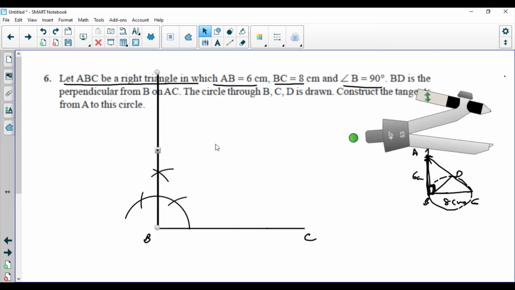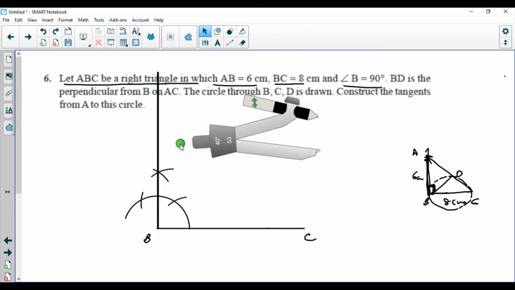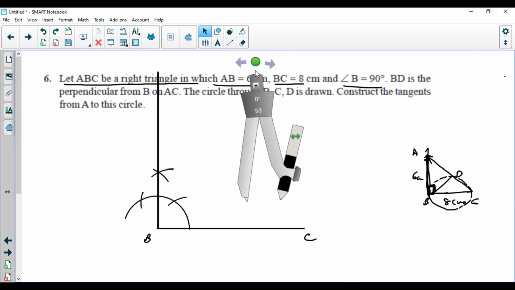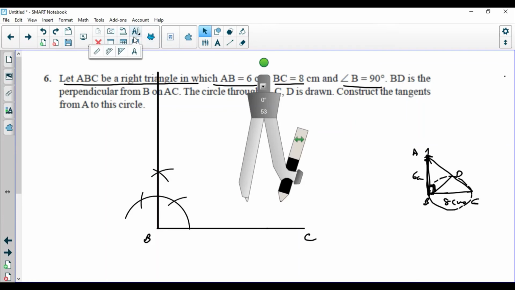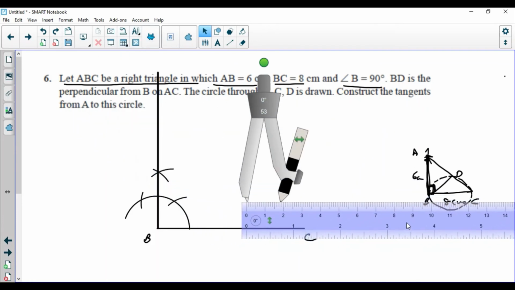Okay. Then to get the point A, we should take 6 centimeter on compass, because AB length is 6 centimeter given, so 6 centimeter we will take.